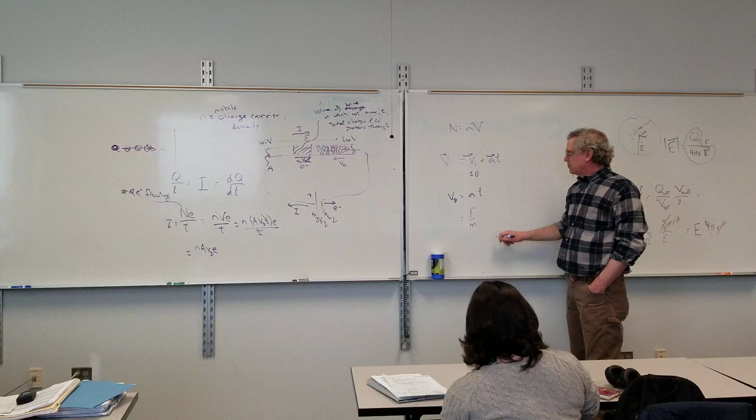Now, the amount of charge that's going to be passing through, let's say that I have n electrons passing through that particular point in a certain amount of time, I basically have a current equal to n times the electrons.